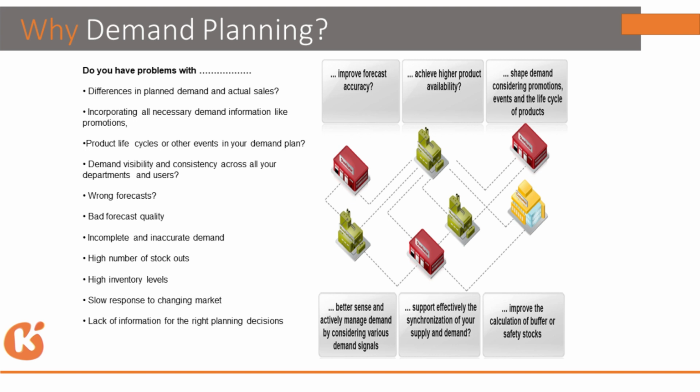Basically, these are the issues we find in the normal forecasting process: differences between planned demand and actual sales. Using Excel or some other legacy tool, we forecasted and got forecast information for January 2014 of around 2000 quantity. But at the end of January, our actual sales were only 1600 quantity.